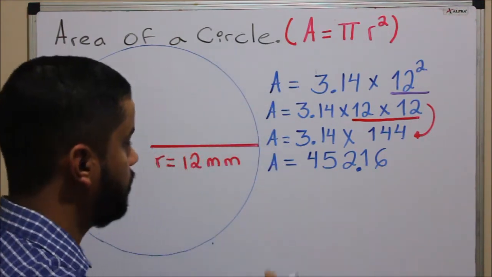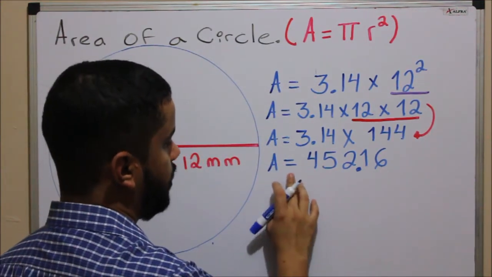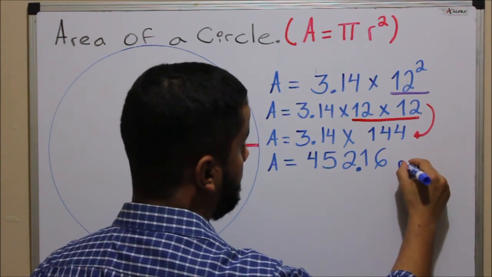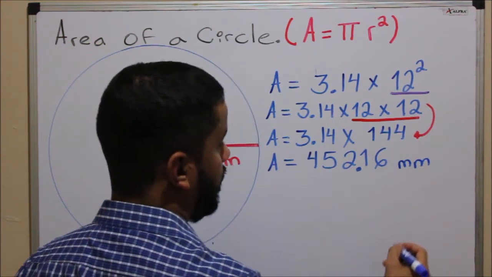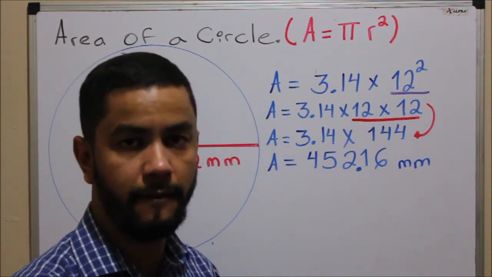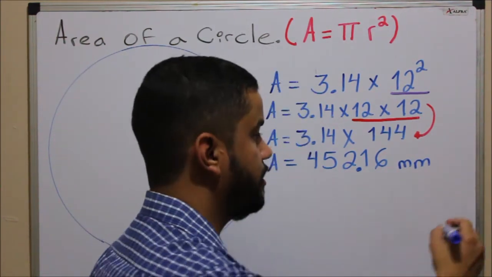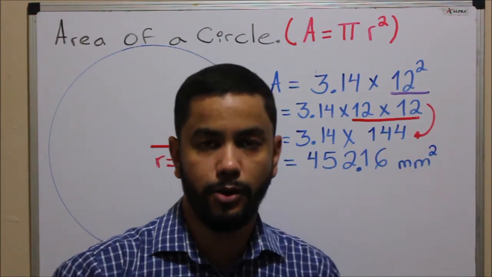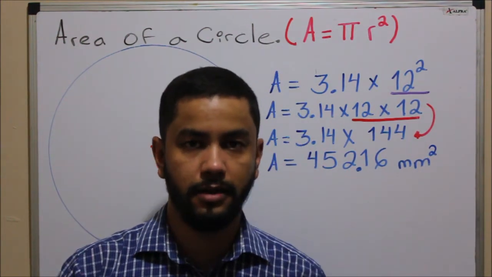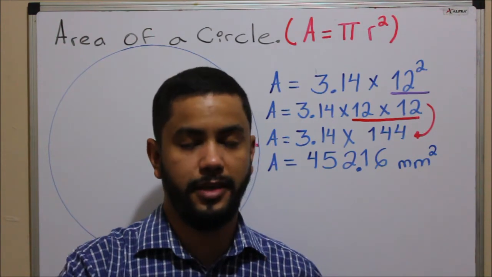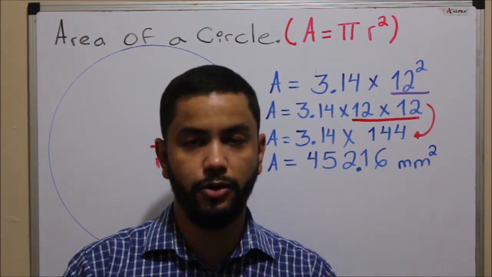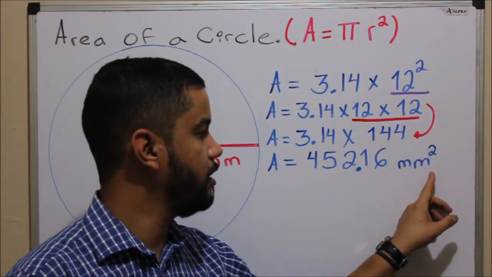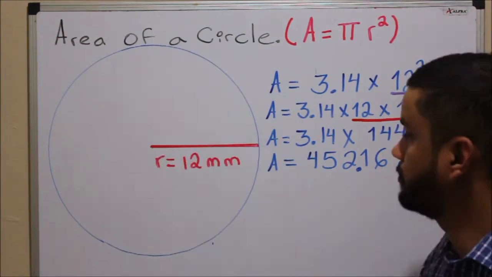So our answer is area equal to 452.16 millimeters, and we add the square like that, because when we talk about areas, we represent the units as square units. So millimeters squared.